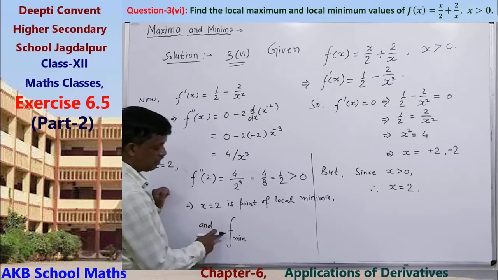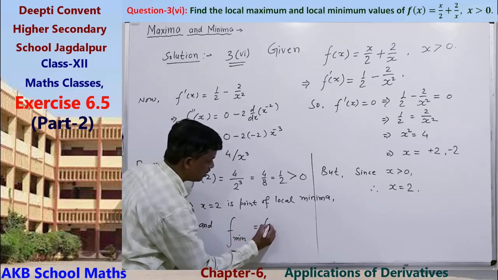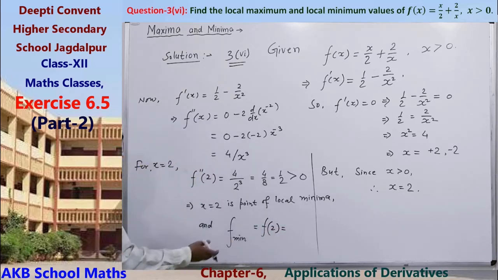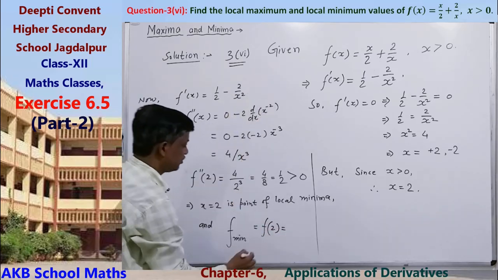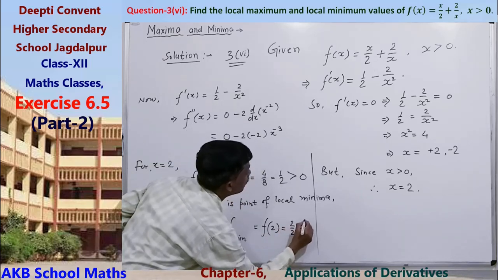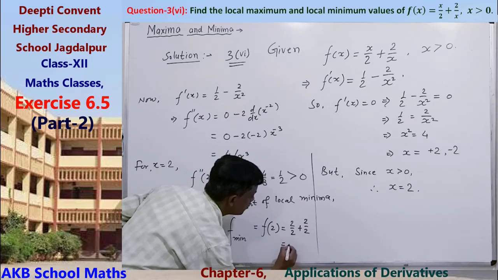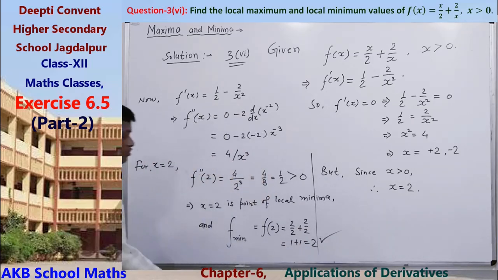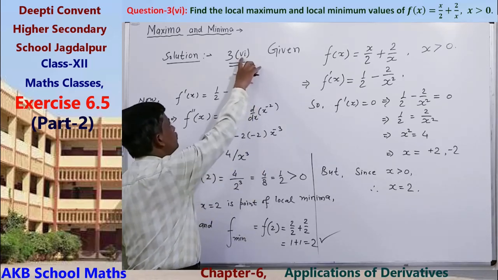The minimum value of f is f of 2, from the given function: 2 by 2 plus 2 by 2 equals 1 plus 1 equals 2. The minimum value is 2. Okay, this is question 6th of 3rd.